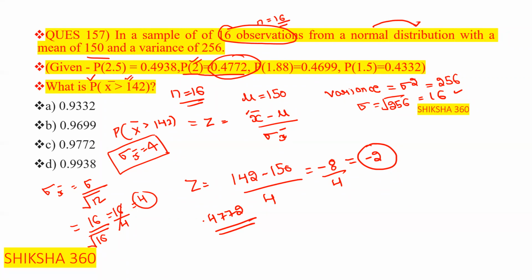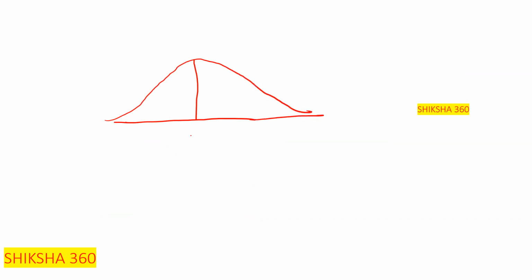Let's understand what the answer is. They are asking in this way. This is the diagram, and this is the mu. The figure is not perfect, but you can understand it. Mu here is 150, so 142 lies here.